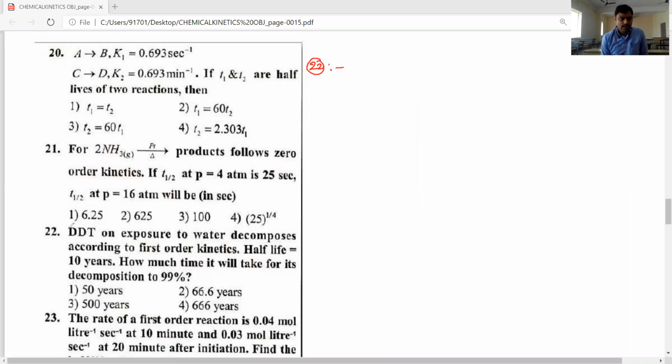22nd. DDT on exposure to water decomposes according to first order kinetics. Its half-life period is 10 years. Then how much time will it take for decomposition of 99%? For a first order reaction, K is equal to 0.693 by T half.